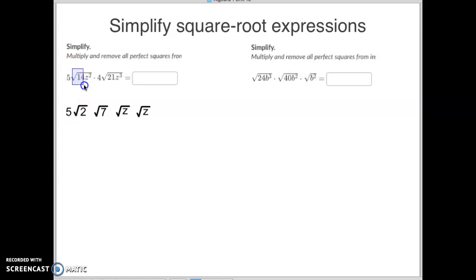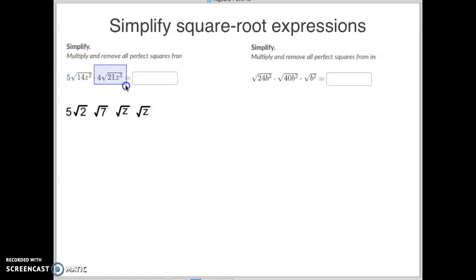I'm going to take the 14 and break that down into a prime factorization tree, which is just simply 2 times 7. And then z squared would just simply be z times z, or 2 z's multiplied by each other. So this here is simply a breakdown of this here.